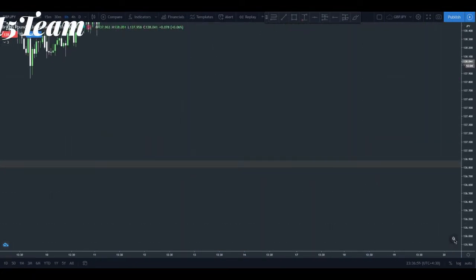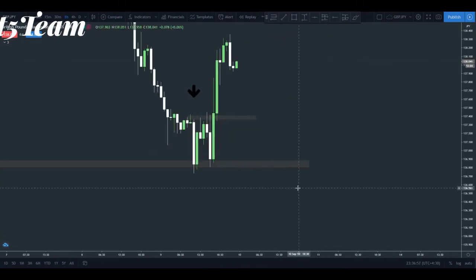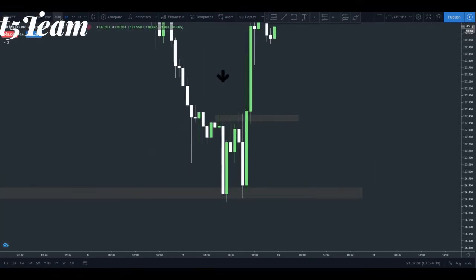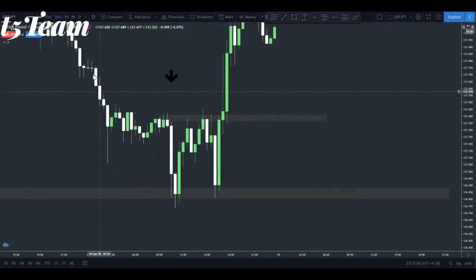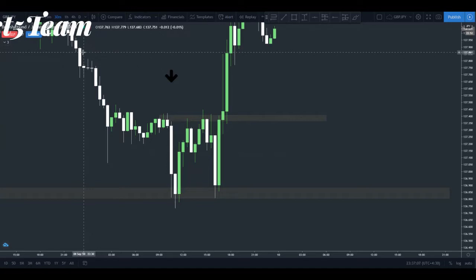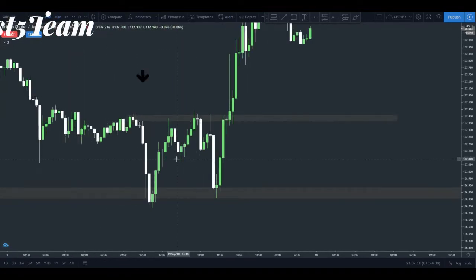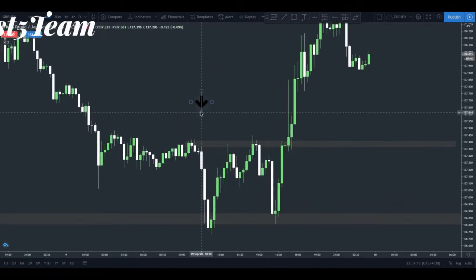So if we go to this area, as you see, it reacted perfectly. After that we should go to the 30 minutes if you want to trade on a lower time frame, like 30 minutes or 15 minutes. As you see here will be the time that I will start trading, like 1 hour before the London session.